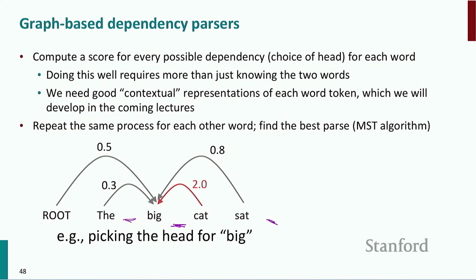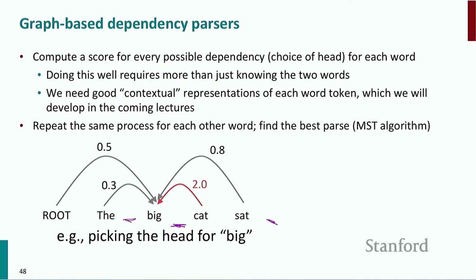And then once we've done that, the only other thing that's a constraint is, well, we want the dependencies to form a tree, so that we need to do something like a minimum spanning tree algorithm to find the minimum cost tree, because we don't want to find a solution where there are cycles or the parts of the sentence end up disconnected with each other. And so that's graph-based dependency parsers.